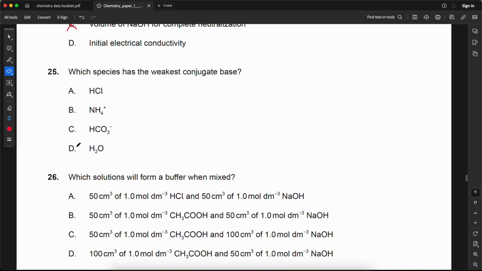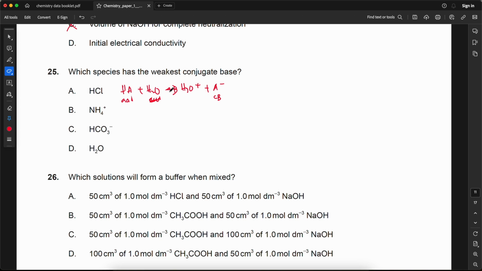Which species has the weakest conjugate base? For HCl, just imagine a strong acid in water will produce H3O plus and A minus. HA as an acid donates a proton to H2O, so this one will be the conjugate base.